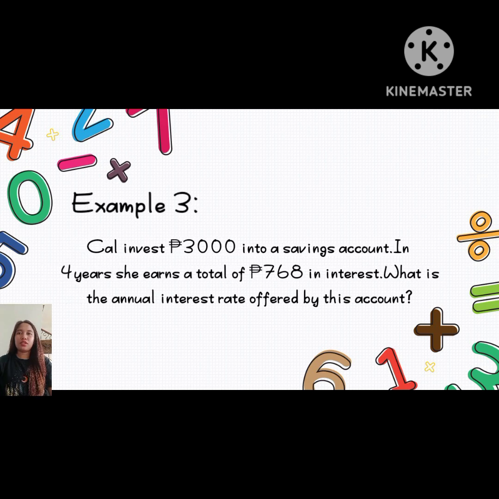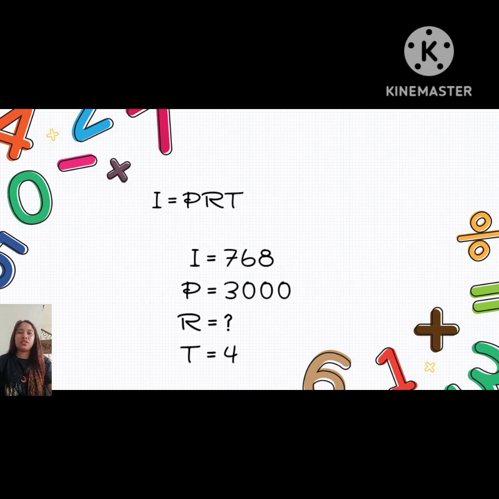Cal invests 3,000 pesos into a savings account. In 4 years, she earns a total of 768 pesos in interest. What is the annual interest rate offered by this account? We have the interest, which is 768 pesos. The principal is 3,000 and the time is 4 years.